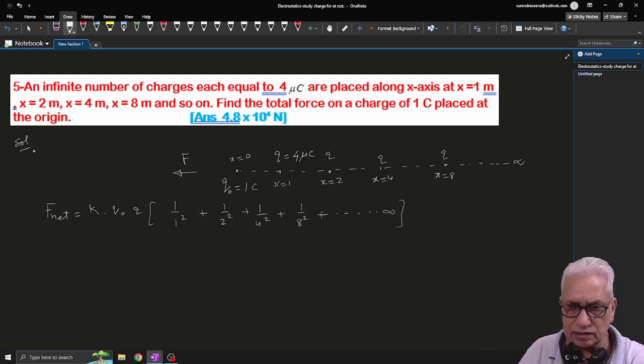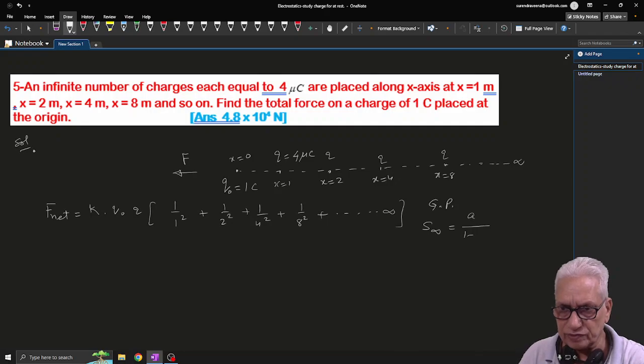And inside the bracket, it is a GP, the sum of infinite terms. This is given by A upon 1 minus R, where A is called the first term, and R is the common ratio. And in this series, A is equal to 1, and common ratio is second upon first, third upon second, so it is 1 by 4.